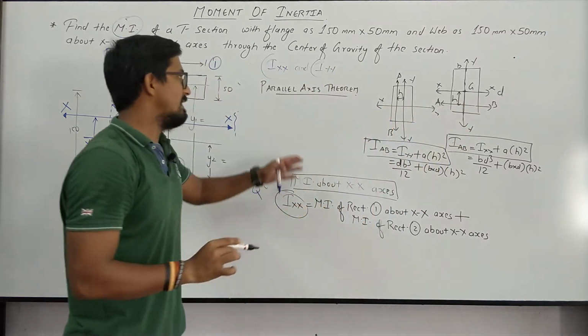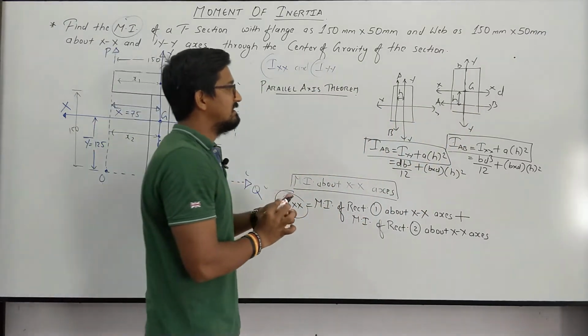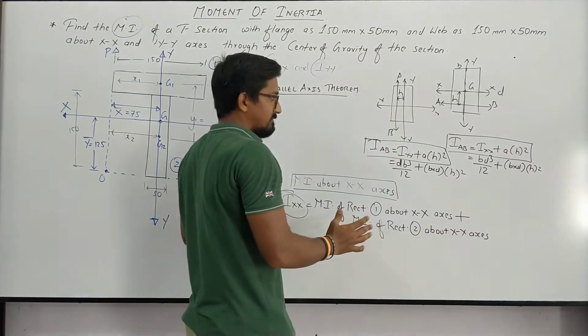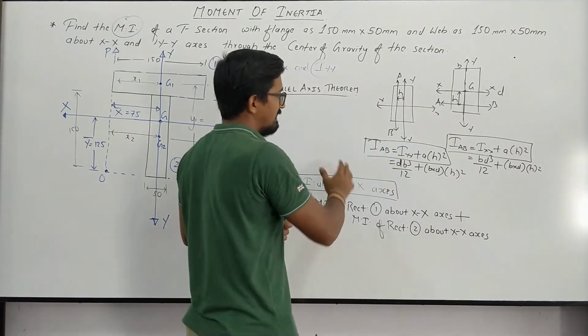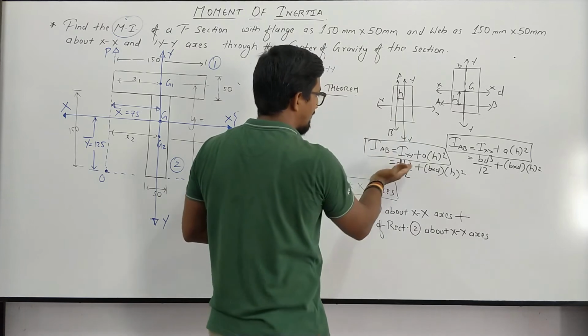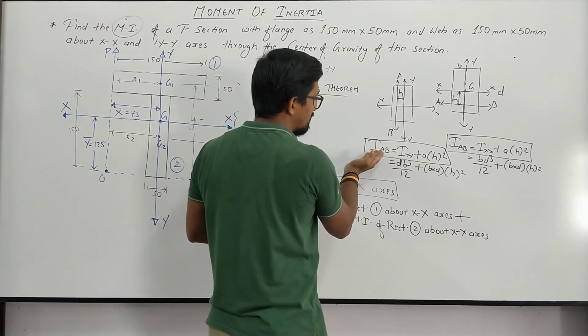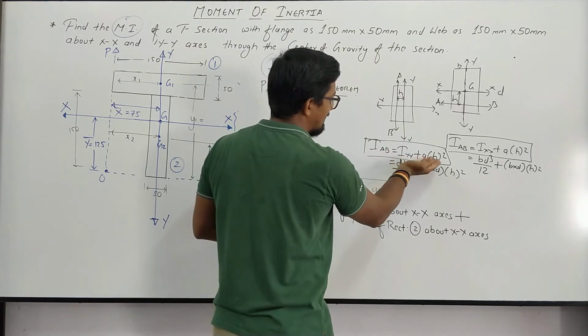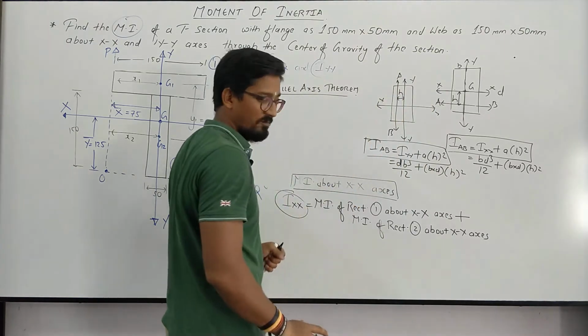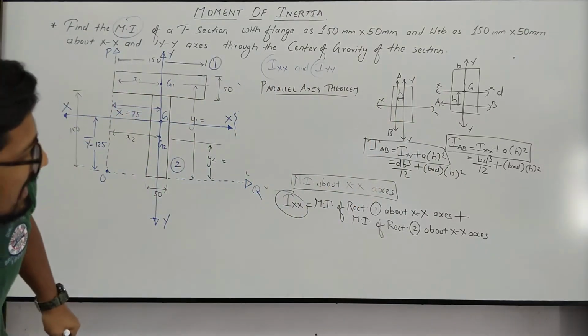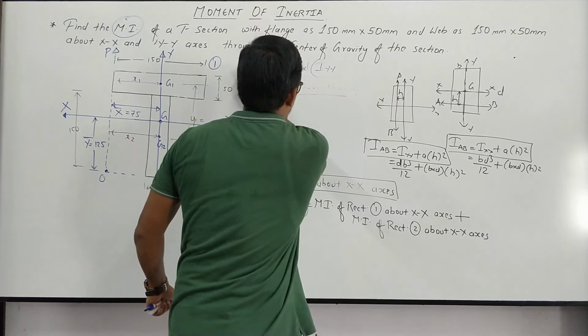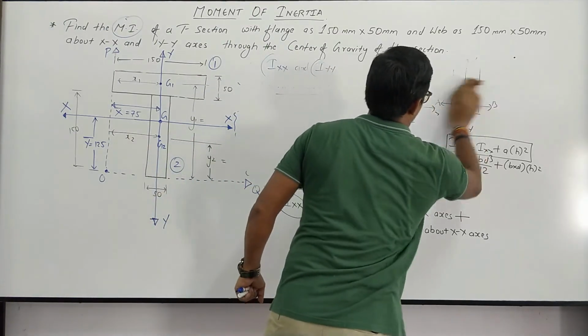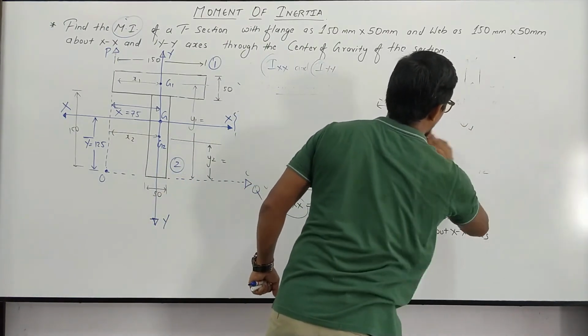Just remember, parallel axis theorem is just a shifting theorem. We want to find IAB, so we use the parallel axis plus area into h square. Now we will go into our numerical.